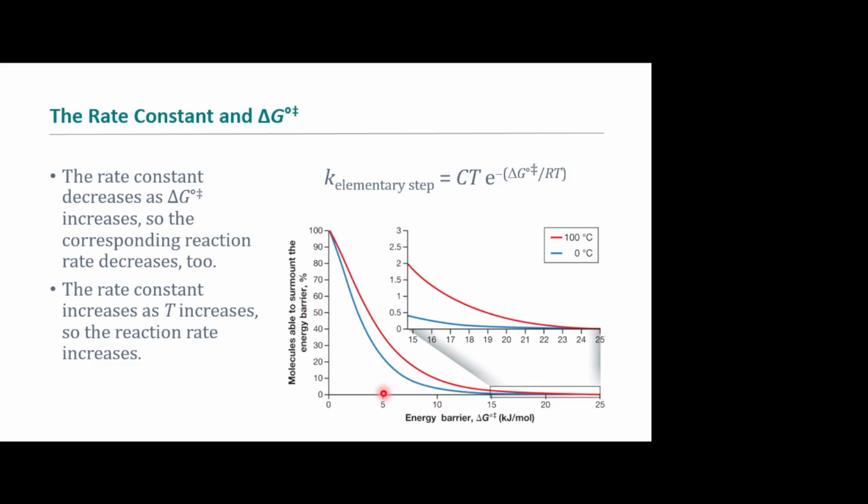So for example, if we look up at 5 here, and then we go over, it would be somewhere around there, right? So we have a bit less than 30% of the molecules would be able to surmount that energy barrier. This happens because when we're looking at a temperature, it's randomized kinetic energy. And so you only have a small portion of the population that's going to be above a certain amount of energy. And you'll have the rest of the population that will be below that energy.